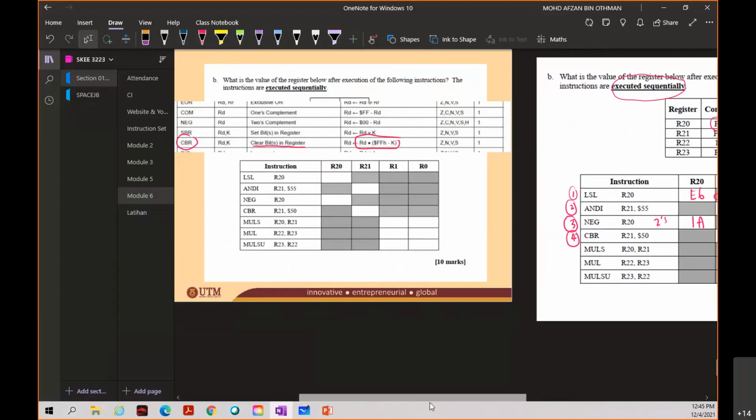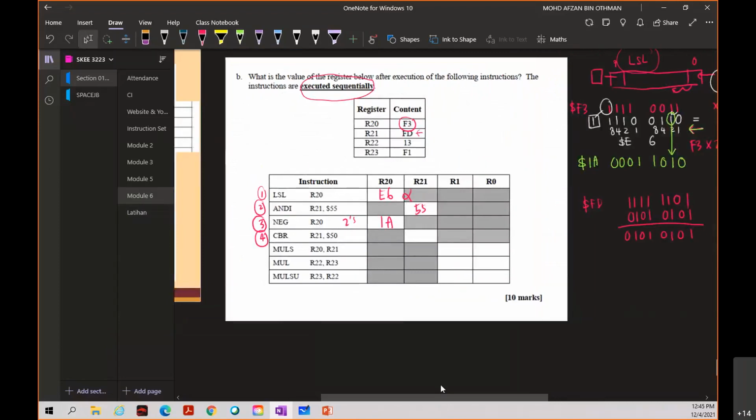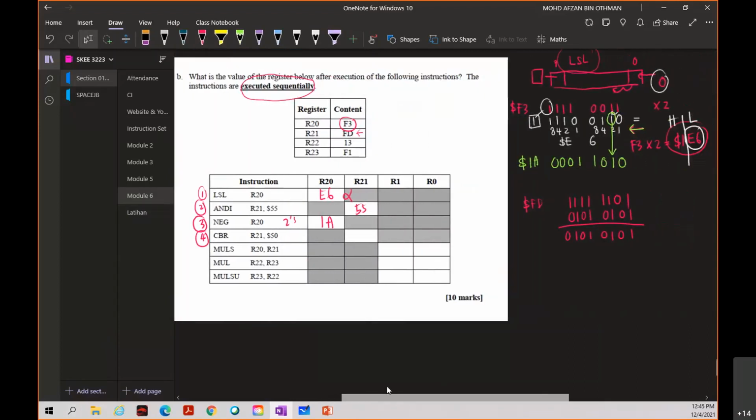First you need to subtract FF minus 50, and after that you AND with your R21. Press calculator, FF minus 50, you will get AF.